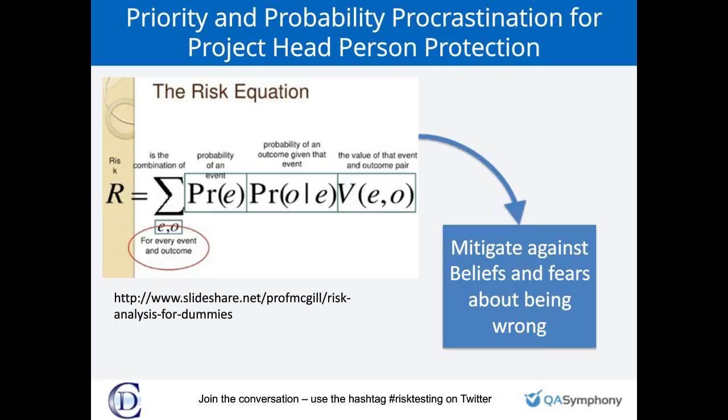Hugely complicated formulas where we have to guesstimate some probability and guesstimate some impact and stick it in a spreadsheet. And all of this is, and you can read this here, priority and probability procrastination for project head person protection. Ultimately, this is risk mitigation so that managers don't get blamed if they focus on the wrong risk.